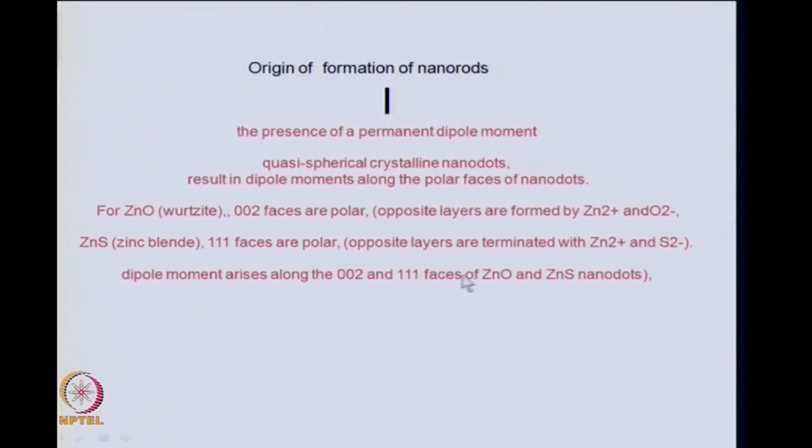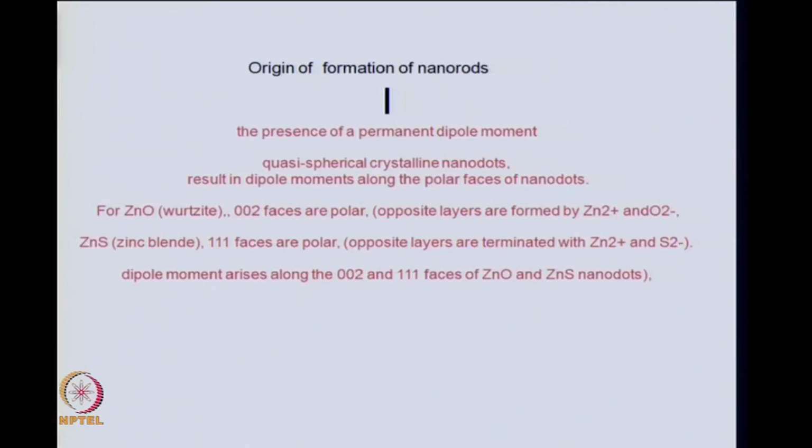So, in this case opposite 1-1-1 layers will have either positive or negative charges, and accordingly the subsequent ions, say the sulphide ions, will come and attach to the surface which has the positive charge, that means which is terminated by zinc 2 plus ions, and similarly the zinc 2 plus ions will come and attach to the surface which is terminated by sulphide ions, and this way the crystal growth will take place in a very oriented manner, and you will have this nanorod formation.